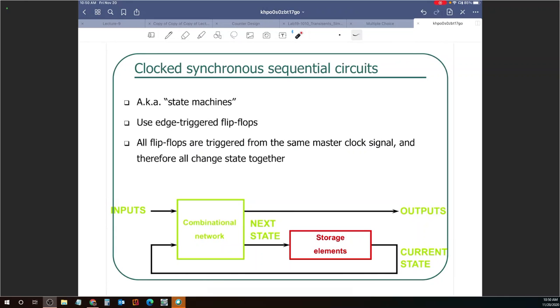If you look at this diagram, there are outputs, right? If I asked you what these outputs depend on, what would you say? When do the outputs change?